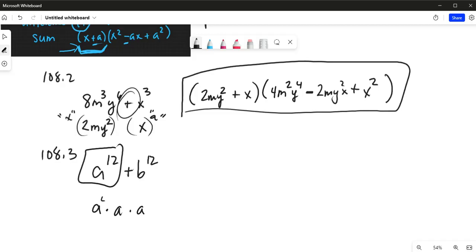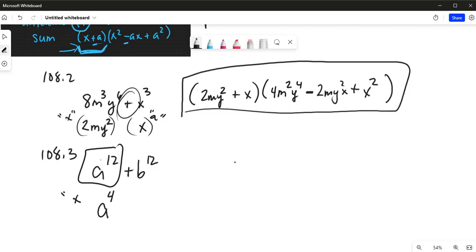It'd be a to the 4th. That's how you're finding the cube root: you're finding the cube root of that exponent. So a to the 4th is going to be the cube root of that.